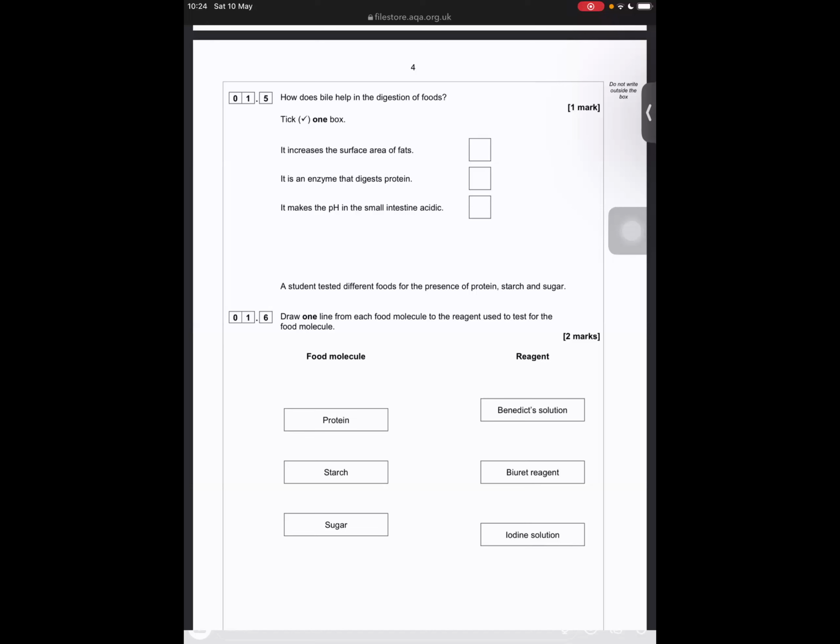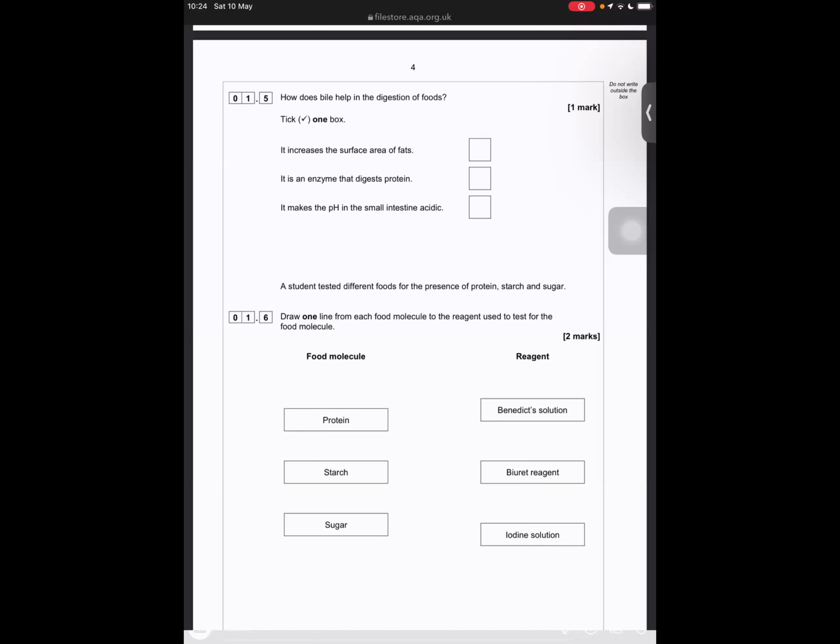It's not possible. So that last one is out of the picture. It increases the surface area of fat. The middle one looks more like it.